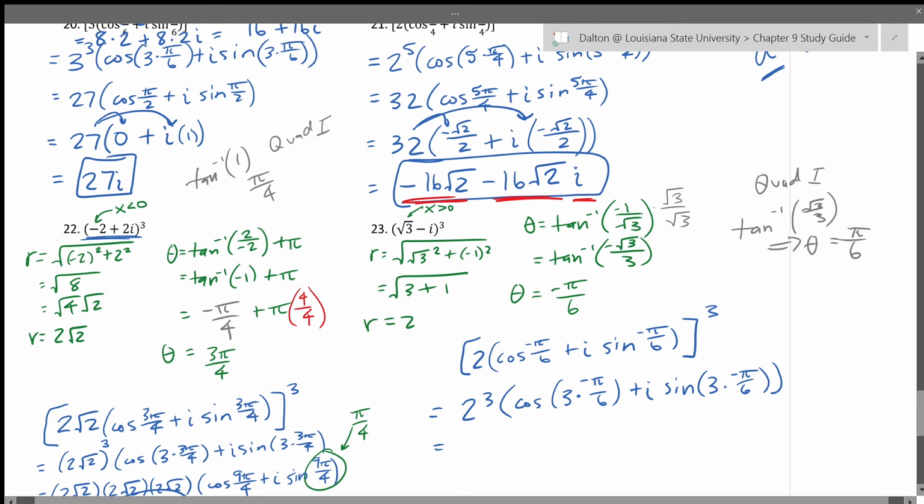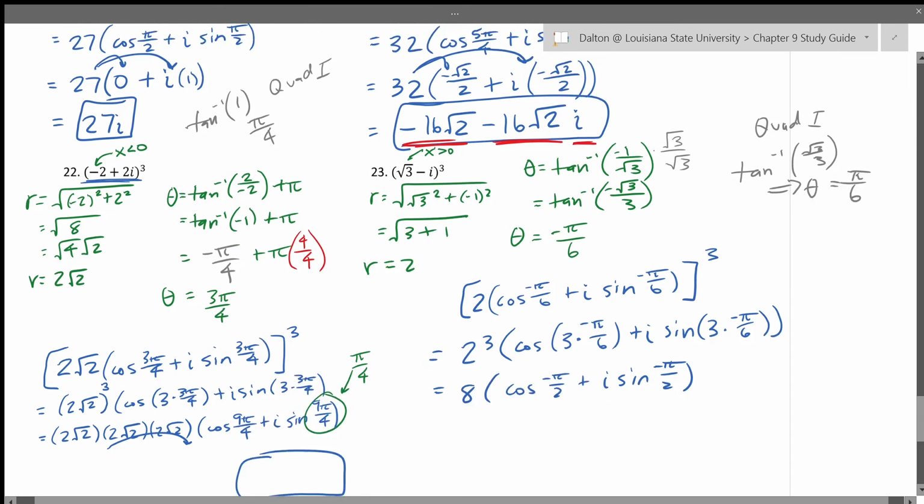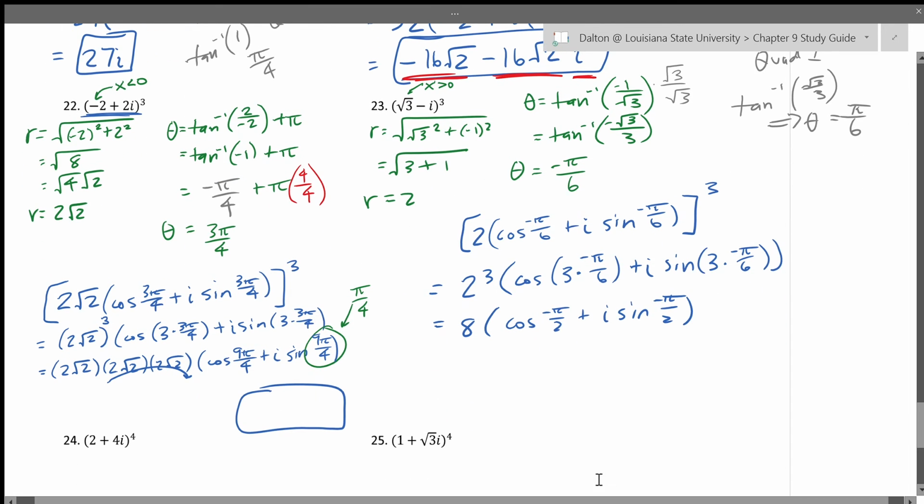So 2 cubed is 8. Times, this will simplify to be the cosine of negative pi over 2 plus I times the sine of negative pi over 2. And then again, we're going to actually use the unit circle to figure out those values.